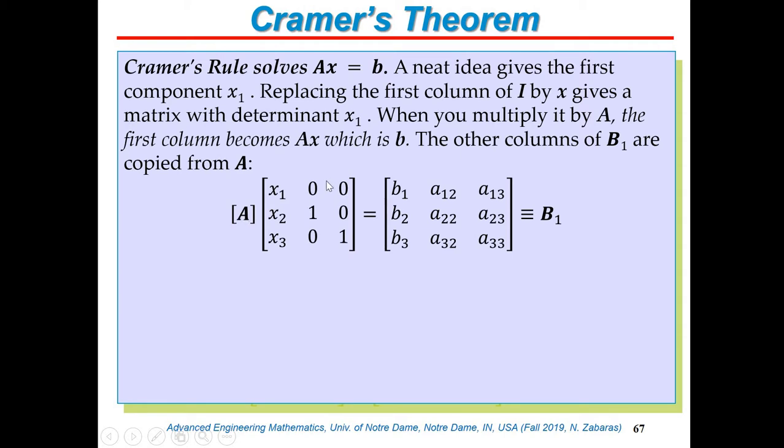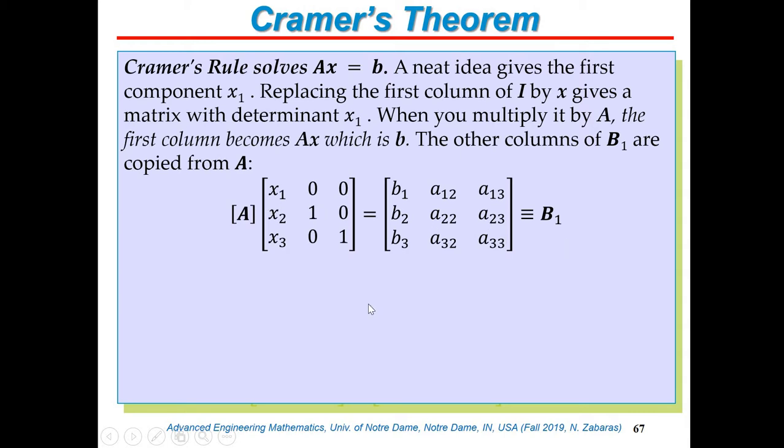And if you multiply A with the vector 0, 1, 0, you don't get anything else but the second column of A. And if you multiply A with 0, 0, 1, you don't get anything but the third column of A. So this matrix B1 that you see here is really the matrix A, where the first column has been substituted with the vector b. And remember, I'm interested for now to solve this system Ax equal to b using concepts from determinants. So I have written Ax equal to b with extended algebra in this nice form.